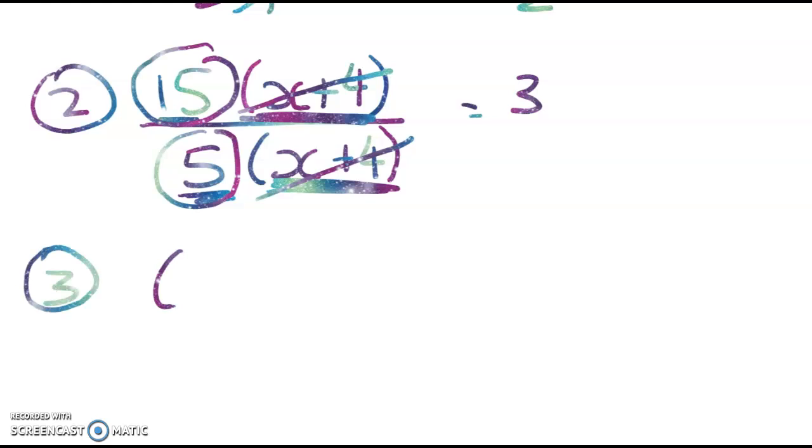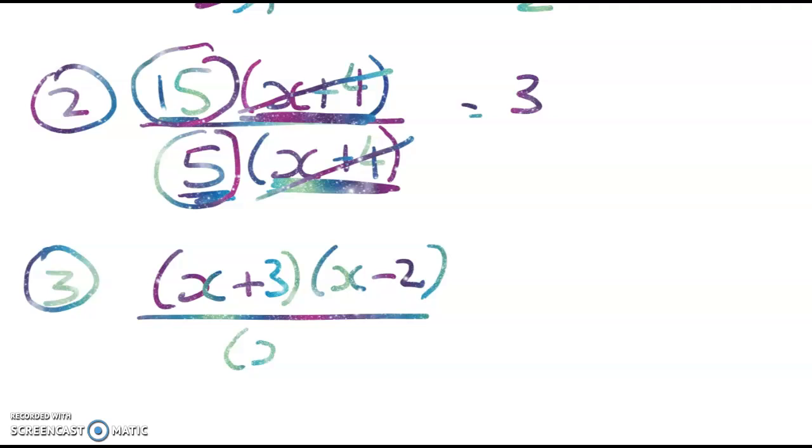Next one. I've got x plus 3 times x minus 2 in the numerator divided by x minus 2. Now, apart from the fact that we've got some algebra, this really is the same as when we first learnt how to do things like this. Let's think of one that actually is very similar.